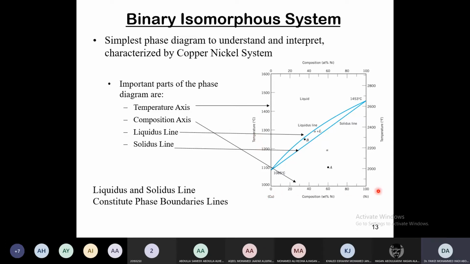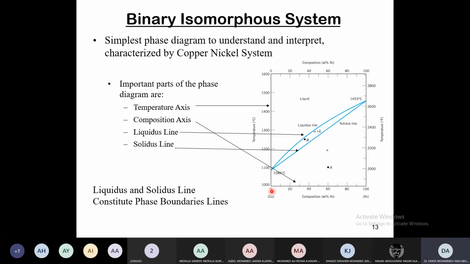And that is the composition axis, the composition in weight percentage. You have it in atomic percentage there as well, but that is more difficult to realize or understand. This is much easier to understand, which is the composition in weight percentage. The composition here, as shown in the phase diagram, starts for the nickel.